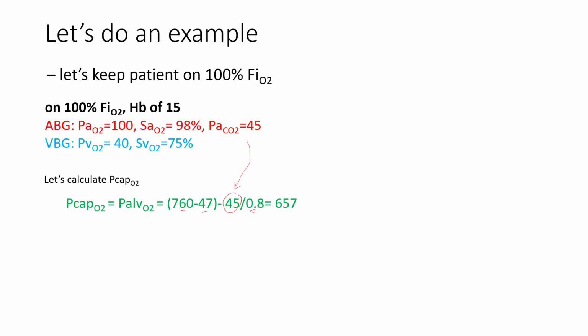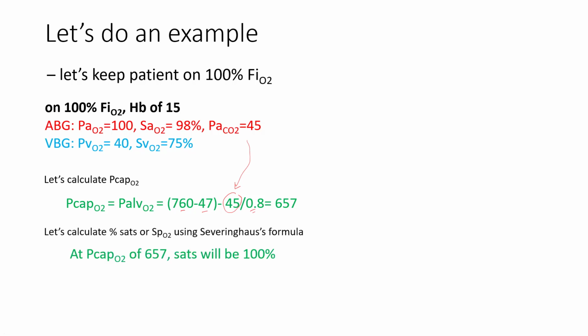Here we are assuming it is 0.8, which comes to 657. At a partial pressure of 657, the SATs would be 100%. Here you don't even have to use this formula, because at a PO2 of 657, you already know that you are at the top of the oxygen dissociation curve where the SATs are 100%.